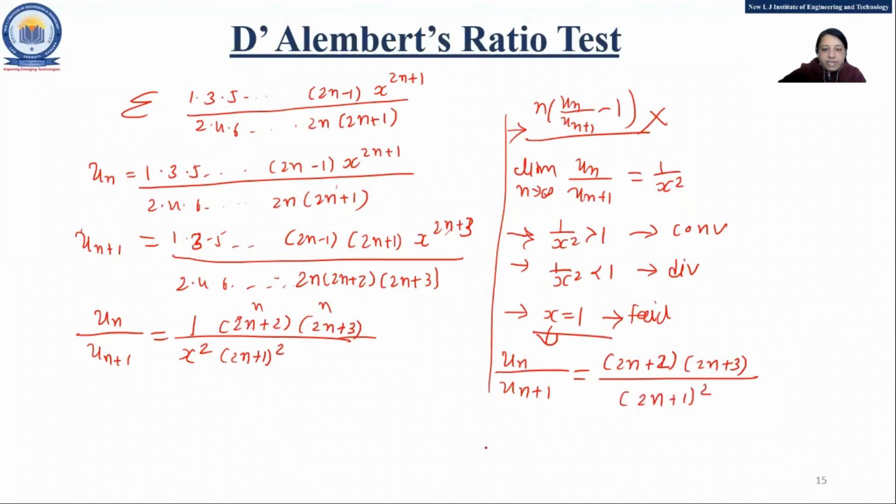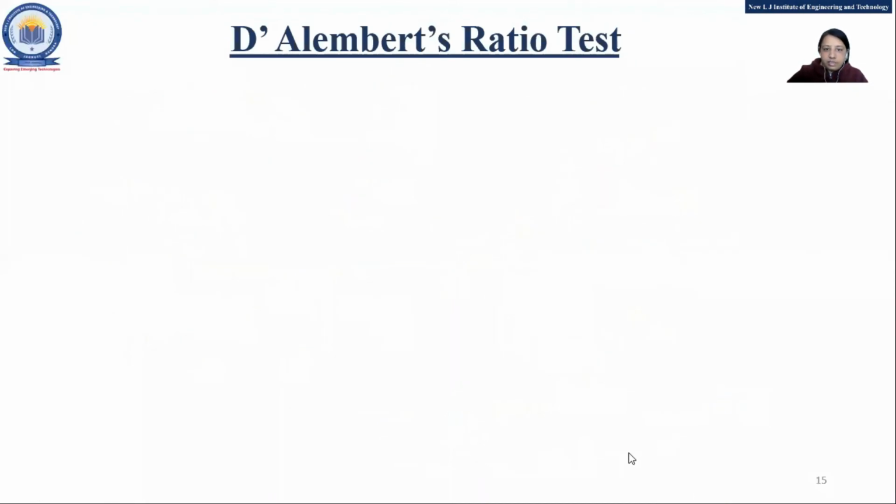So what is the RAP test? It is limit n tends to infinity n into un upon un plus 1 minus 1 equal to. So you are supposed to find out this thing. Just apply the limit here. Okay, we will rewrite it.